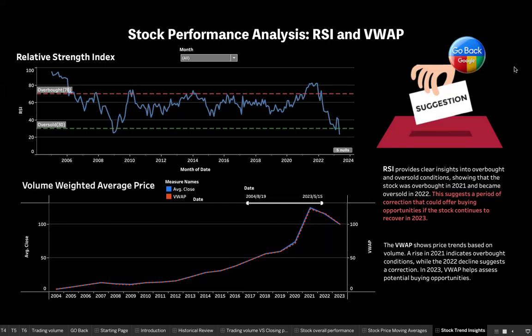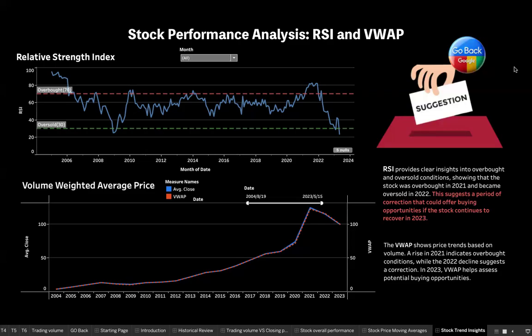This was followed by a sharp decline in 2022 when the RSI dropped below 30, showing that the stock became oversold. This shift often indicates a price correction and potentially a good buying opportunity if the stock rebounds. So currently, the RSI suggests that we might be seeing the early signs of recovery in 2022.